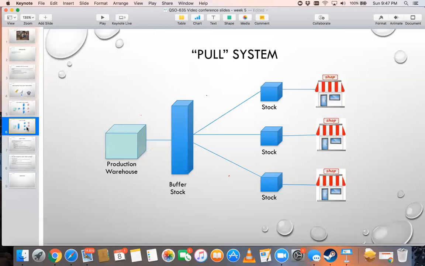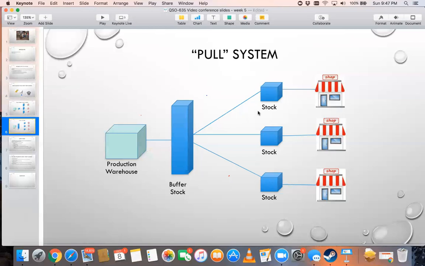That's all good stuff. So, in a pull system, the first thing you'll notice: where is the largest inventory? The vendor stock or the production warehouse stock? The largest stock is actually going to be at the production warehouse, because you have that buffer stock you're talking about.